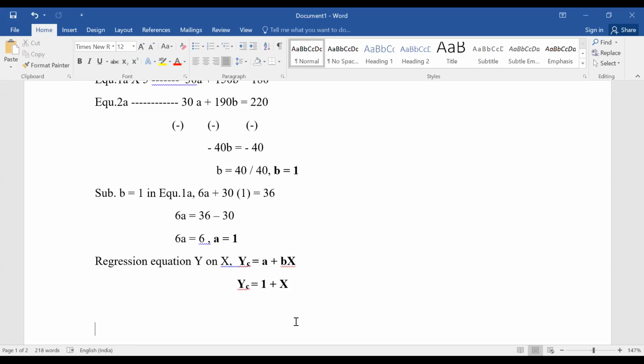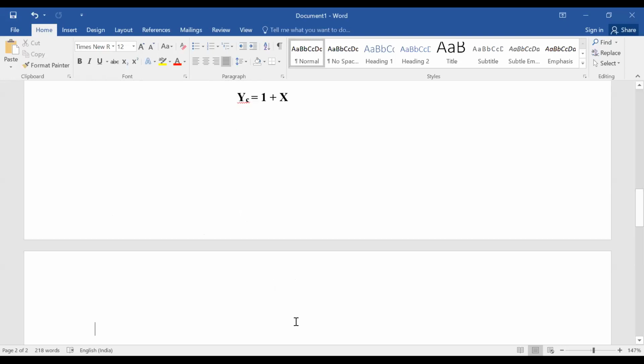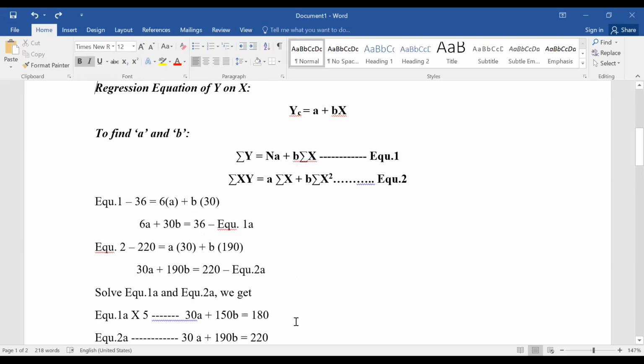Is there anyone who didn't copy the problem? Guys, please tell me so that I can go back to that page. Everyone has copied this y on x. Shall we move on to the next equation, x on y?